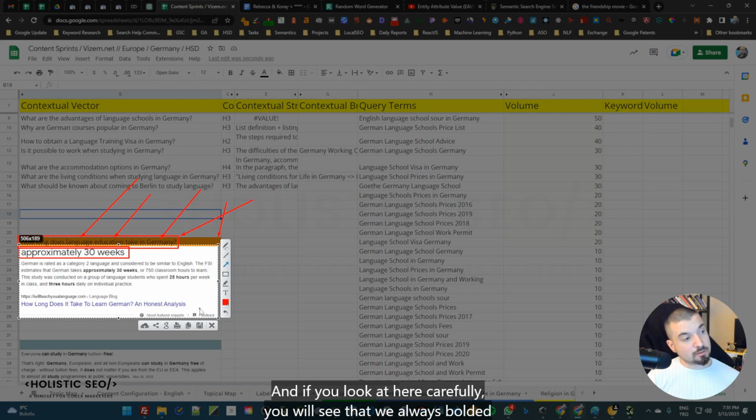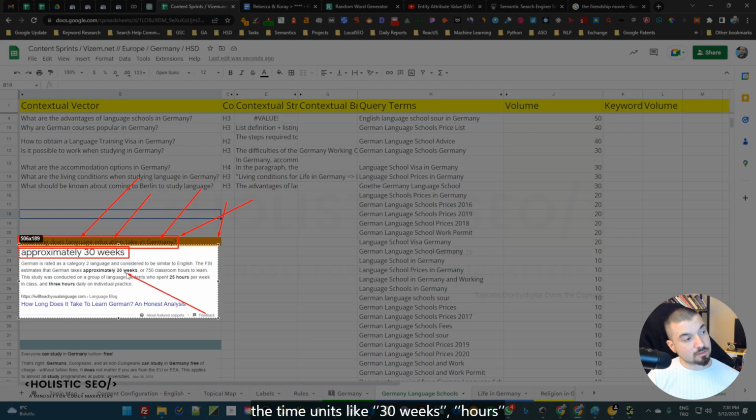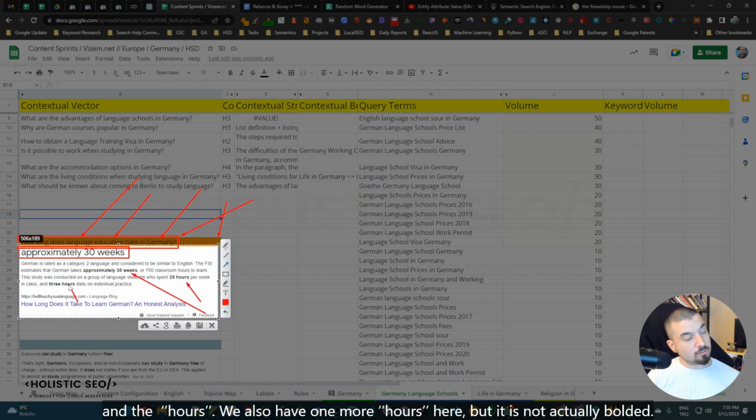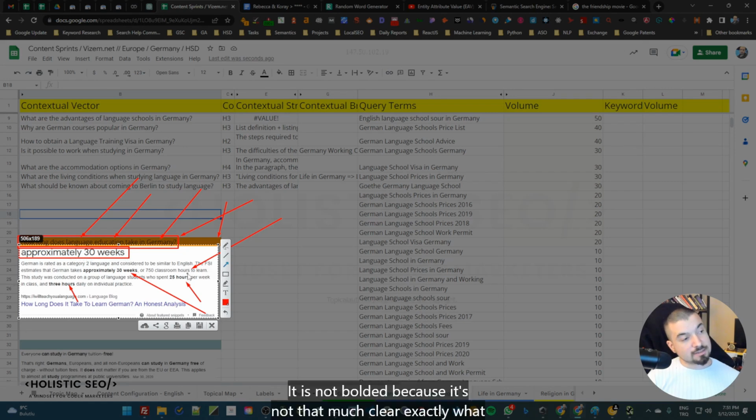And if you look here carefully, you will see that we always bolded the time units, like weeks, hours, and days. We also have one more hours here, but it is not bolded. It says 750 classroom hours. It is not bolded because it's not clear exactly what this means in a total time calculation.